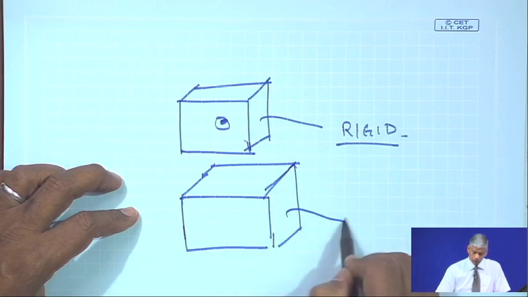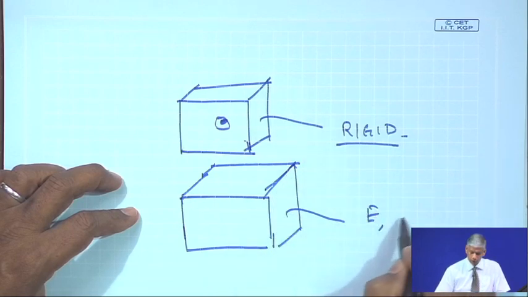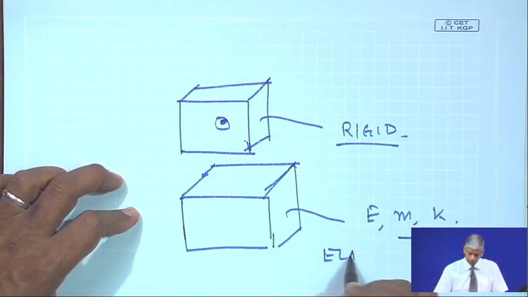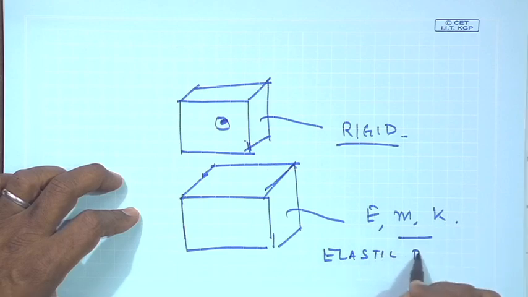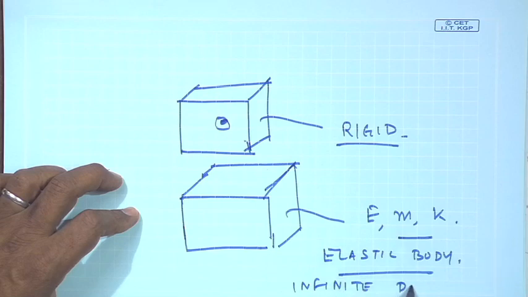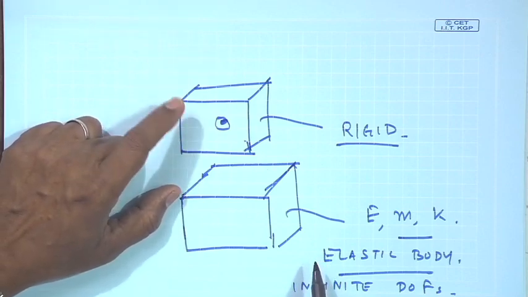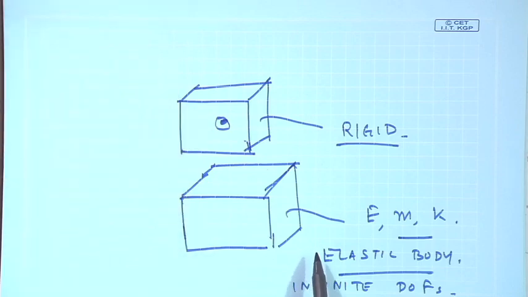They are elastic because they have Young's modulus, mass, they have stiffness, etc. So, an elastic body or body which will deform will have infinite degrees of freedom. For the sake of understanding, we will be right now considering the rigid body vibration of a body of mass m about its center of mass.